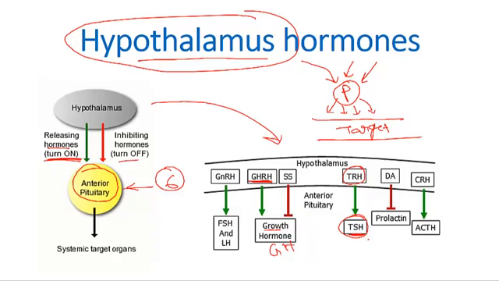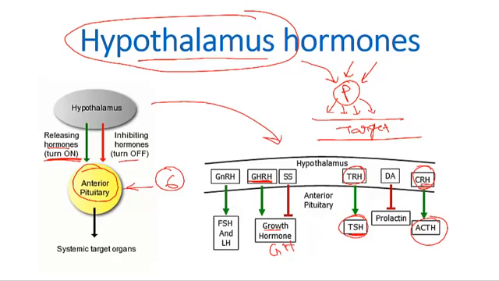Then corticotropin releasing hormone: this hormone is released and acts on the pituitary, and then only the pituitary produces ACTH. So that's the second round of regulation, and these are the hormones whose secretion they control.